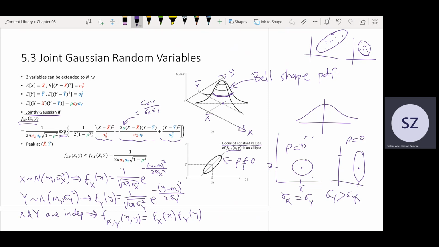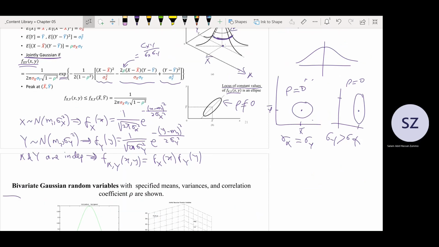Now look at what happens if rho equals 0. هذا هو صح؟ طب لما هذا يروح ايش يصير؟ You have only two exponents in the exponential, and you can decouple them, like here, صح؟ And you end up with independent numbers.